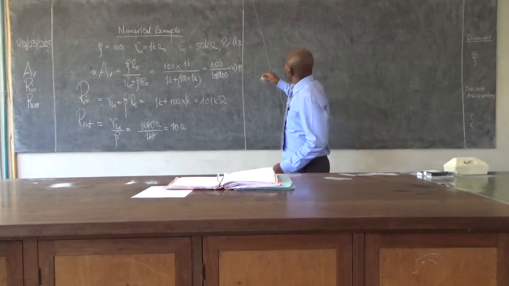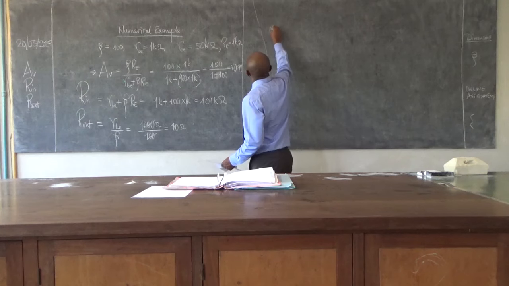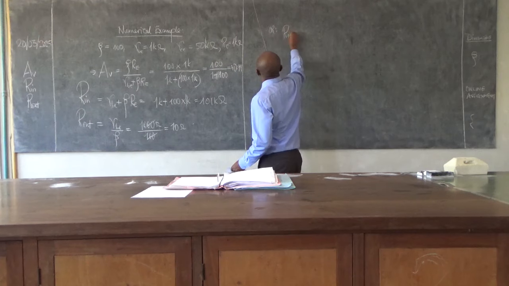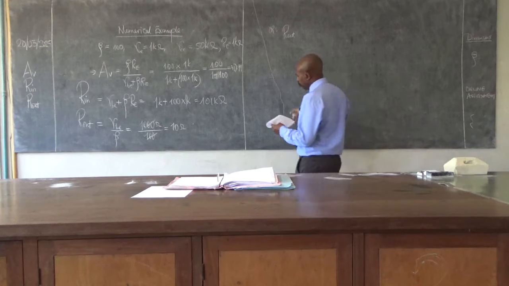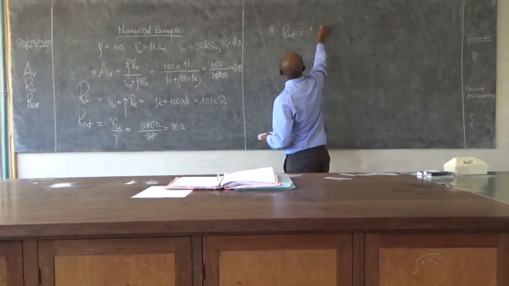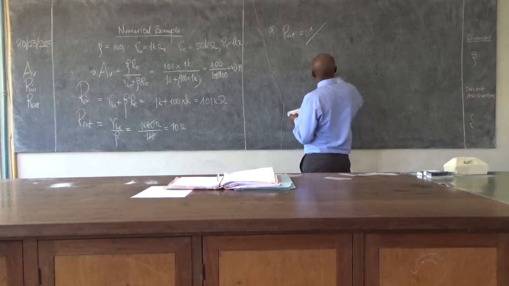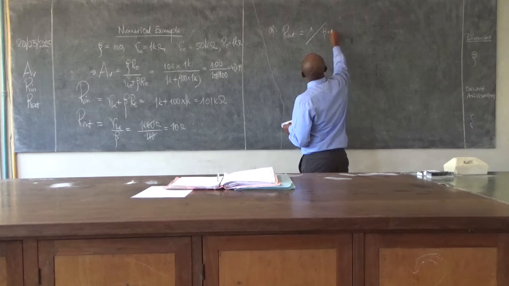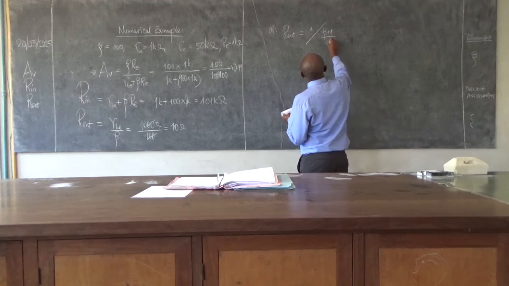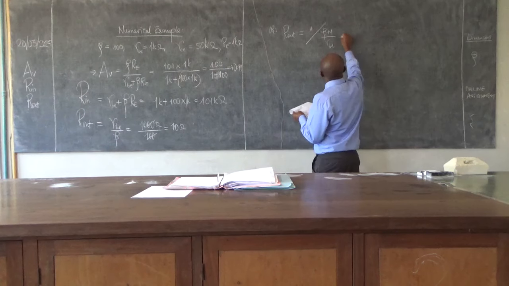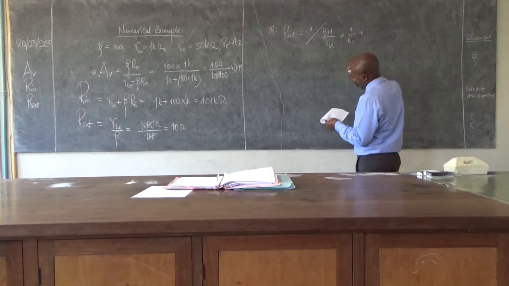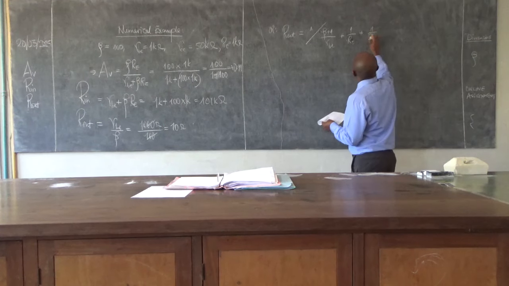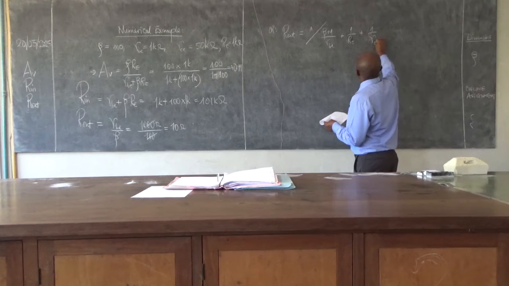And you could use R out. Remember the formula we had? R out being the same as 1 over beta plus 1 over the RBE plus 1 over RE plus 1 over RCE. This is small.